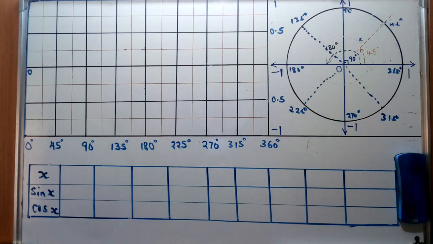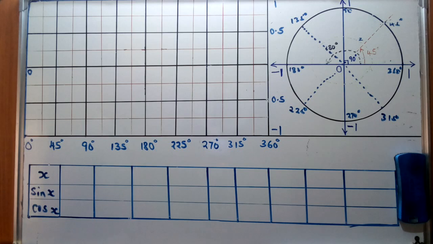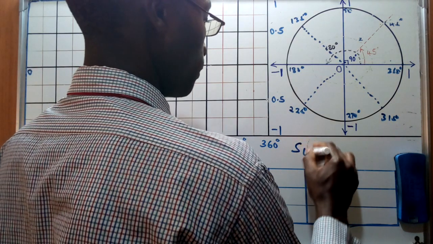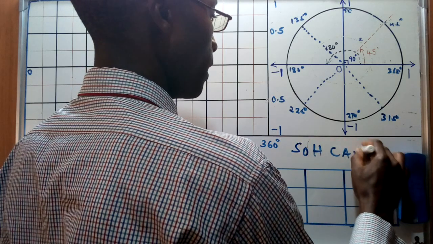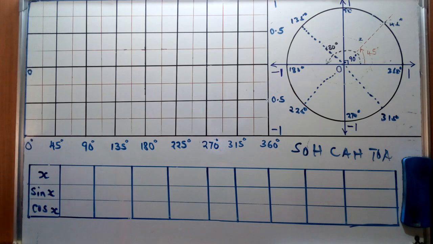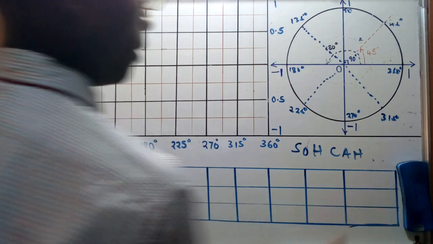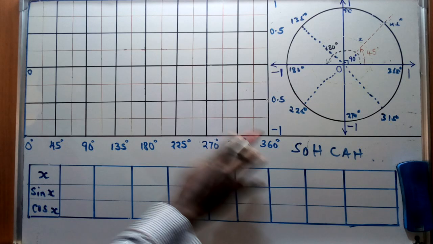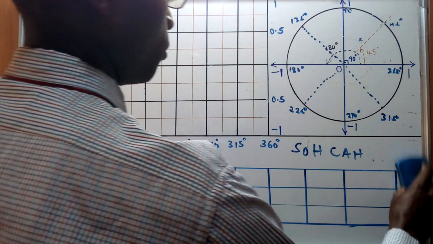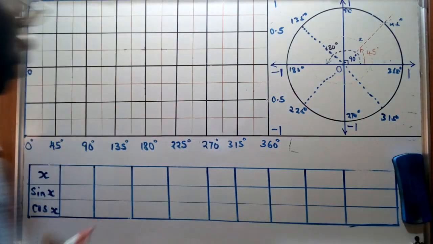Now, I'm assuming that from the basic concept of trigonometry that you have discussed in our earlier videos, we are fully aware of the acronym that we have been using for the three basic trigonometric functions. Now, in our case for today, we're not going to look at the last one. So that is going to give us some of the values that we're going to see here using that acronym.